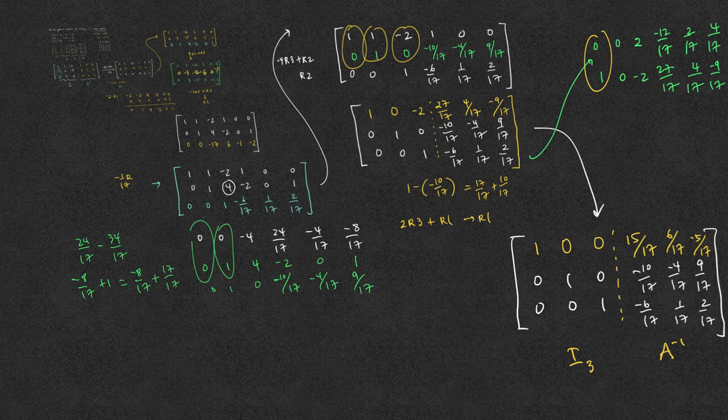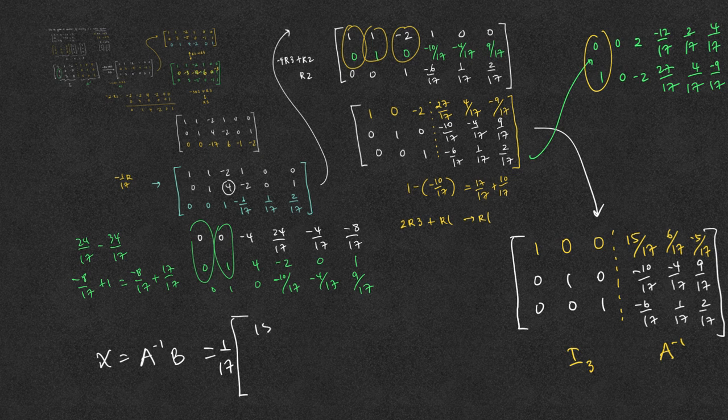inverse. To obtain the solution, we take x equals A inverse times B, but A inverse is the matrix 1 over 17. This is the scalar. We can factor it to the front of the matrix.